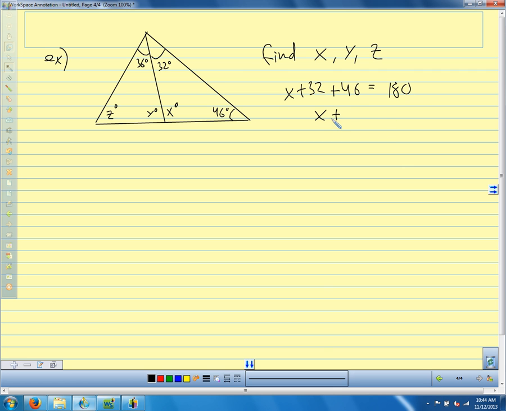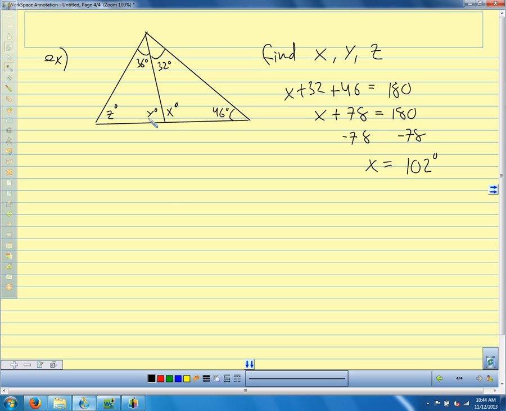So x plus 78 equals 180. Subtract 78, and x equals 102. So now I know that that's 102 degrees.